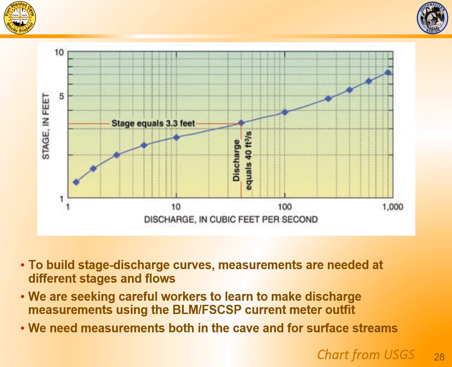We are looking for careful workers to learn how to make discharge measurements using the BLM Fort Stanton Cave Study Project current meter outfit, so that there's a team that can go down there at different flows and make discharge measurements so we can start building stage discharge curves. We need measurements both in the cave and for surface streams.